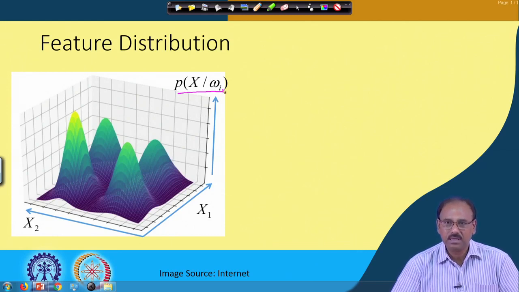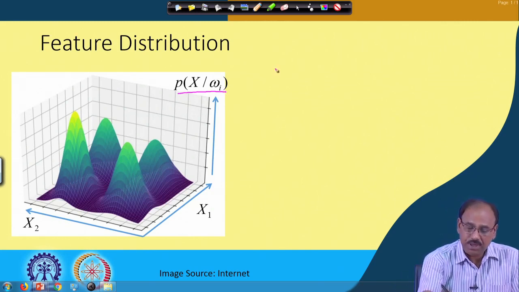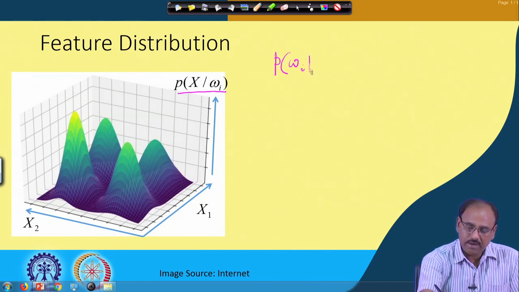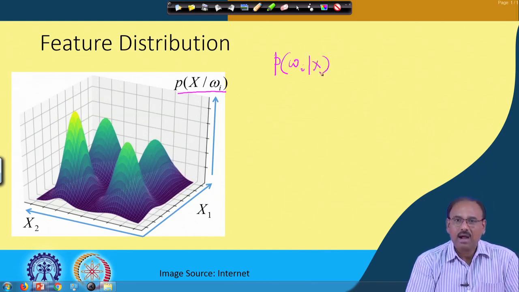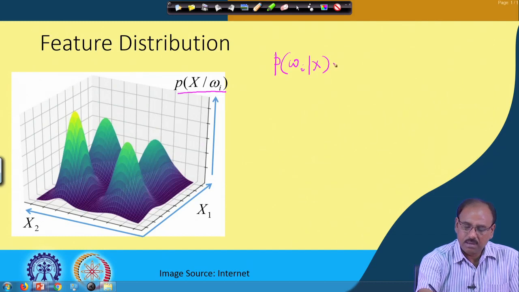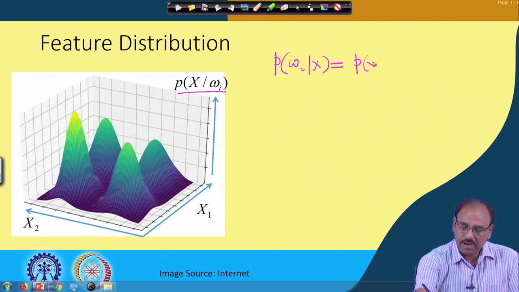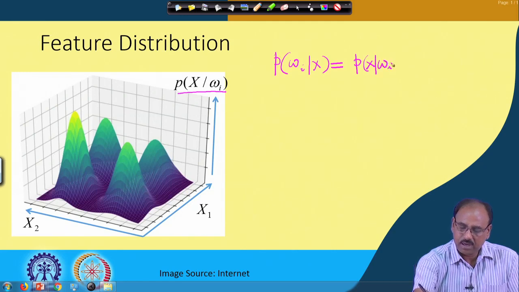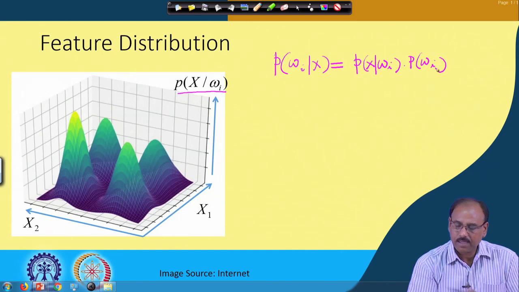From this, for classification or recognition, what I have to compute is P of omega i given x. And we have shown using Bayes rule that this is nothing but P of x given omega i into the a priori probability of omega i.